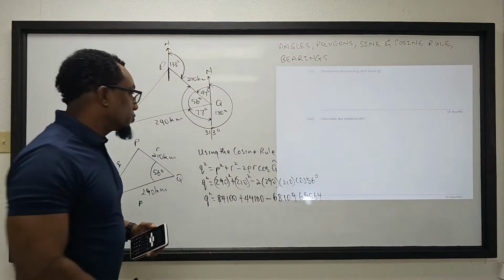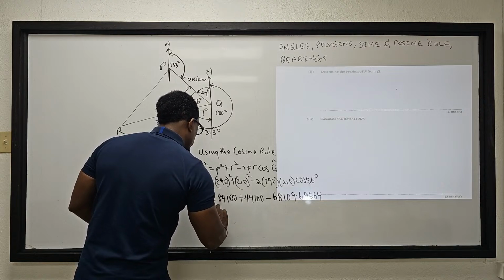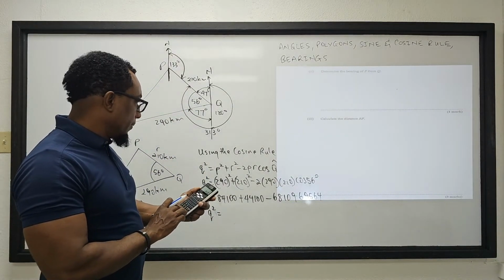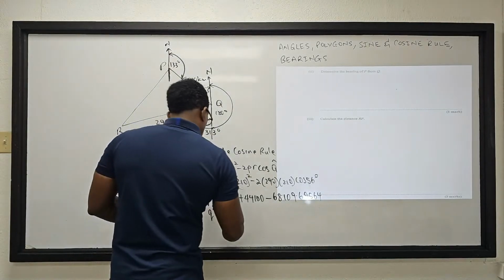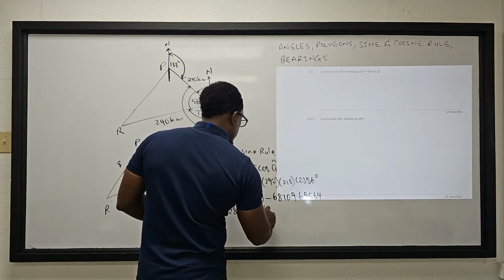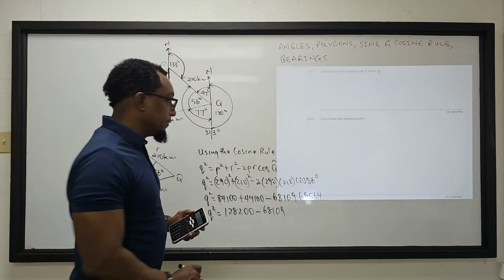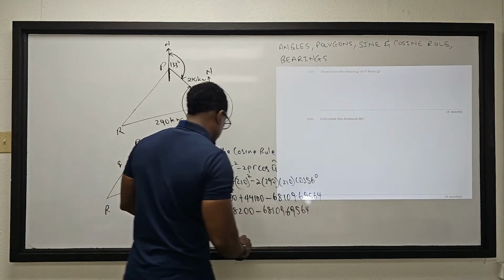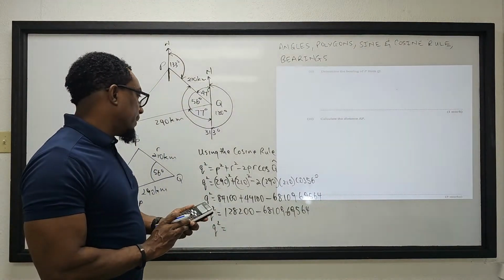And let's work it out. This q squared will be equal to 84100 plus 44100 will give us 128,200. And we'll subtract from that 68,109.69564. So q squared is equal to, let me subtract those two, let's see what we're going to get.